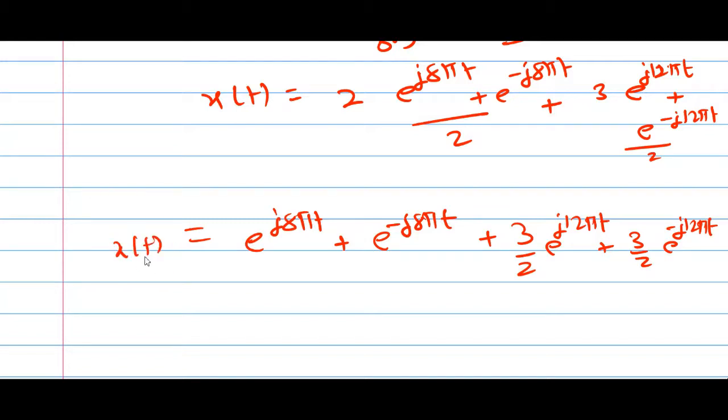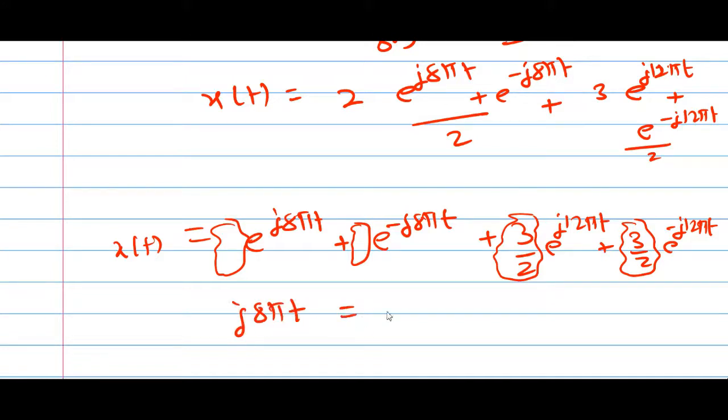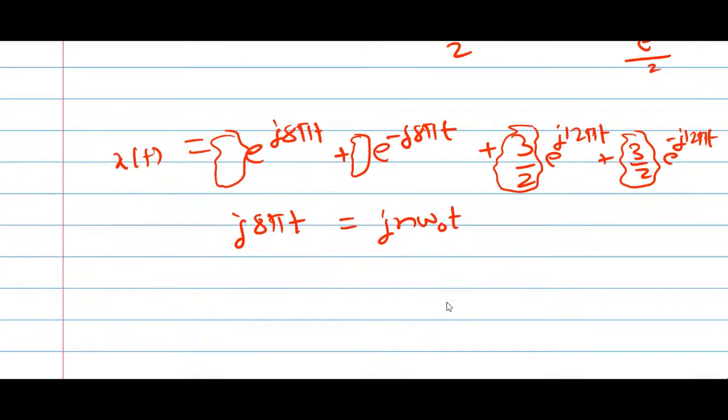Now what we have to do to determine which coefficient is present here? For that what you have to do? You have to compare j 8 pi t with jnω0t. So t cancel, j cancel, omega naught is 4 pi.